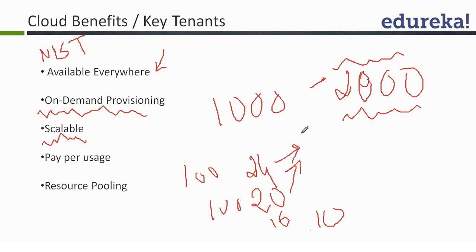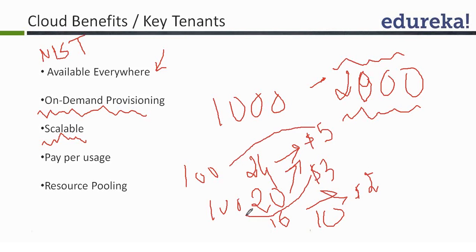So for those machines I would charge you around $4, $5. Here I would charge you $3 per machine. For 16 hours I would charge you around $2, something like that. So here the cost would be 500, here the cost would be 300. That's it. Pay-as-you-go model. I'm paying only for the amount I'm using.